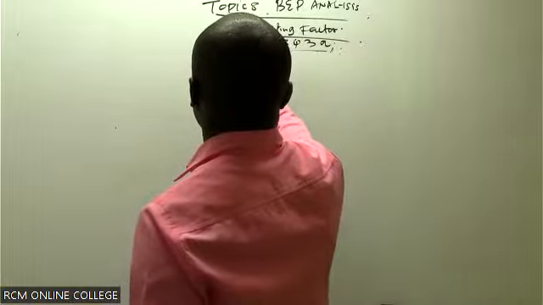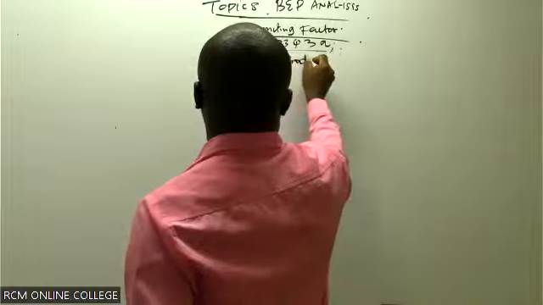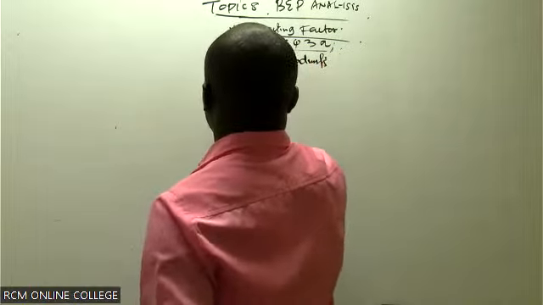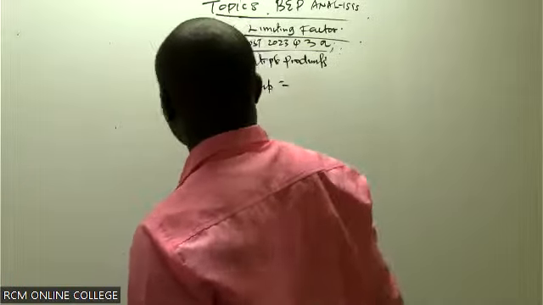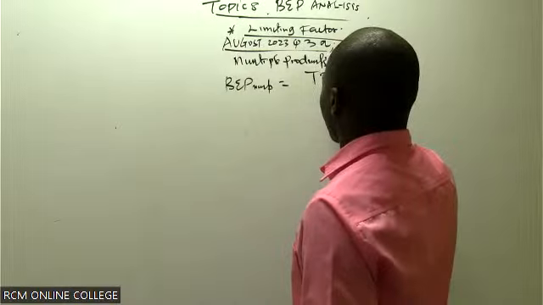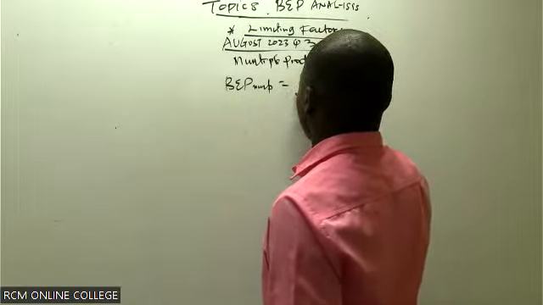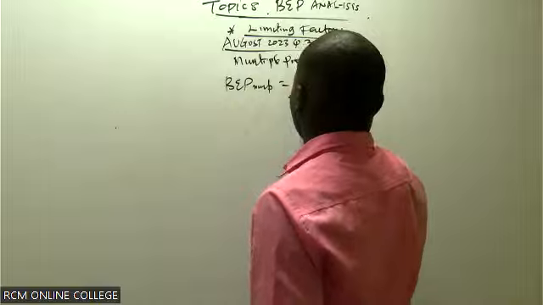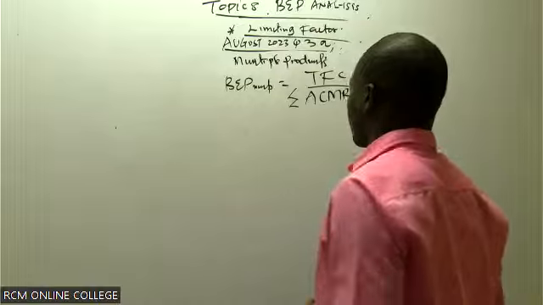Multiple products, the break-even point in units is equivalent to total fixed cost divided by the summation of average contribution margin ratio.